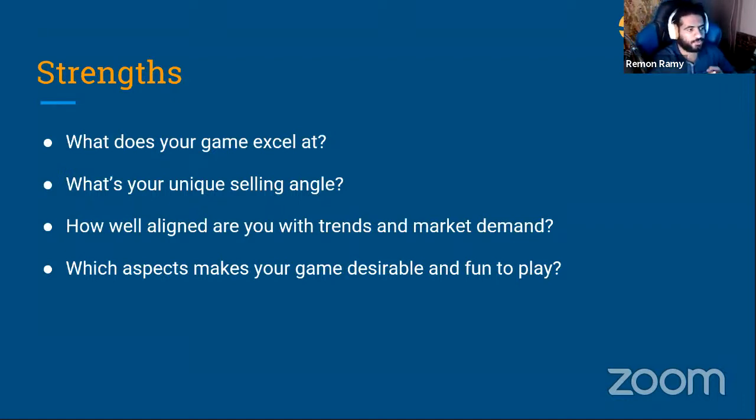Now, how well aligned are you with trends and market demands? This is very important. I mentioned strategy earlier, because strategy has not been performing as well as it used to in the past.